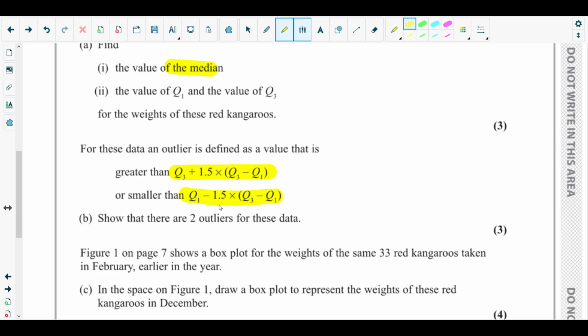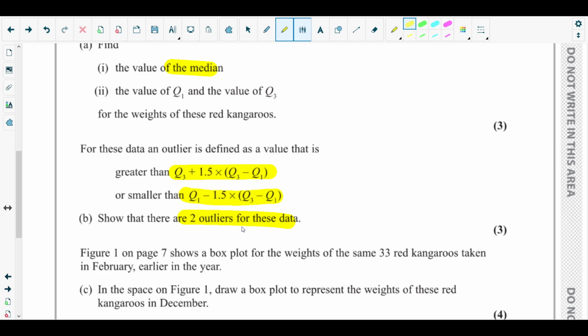So these are the limits given for considering outliers in this data. Part B asks to show that there are two outliers for this data. We need to figure out the outliers.